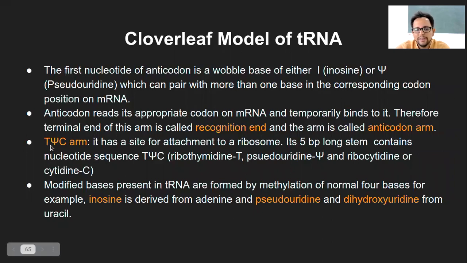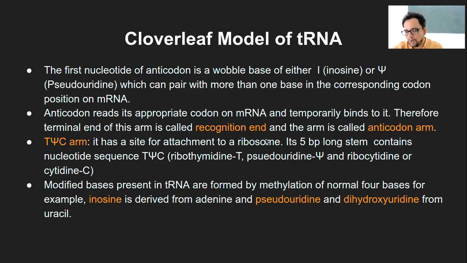Now there is this T psi C arm. You remember psi was the symbol for pseudouridine. So this is the thymine, pseudouridine, and cytosine arm. It has a site for attachment to a ribosome.